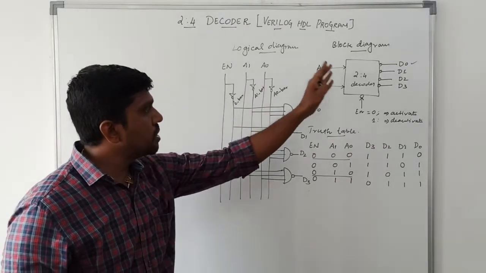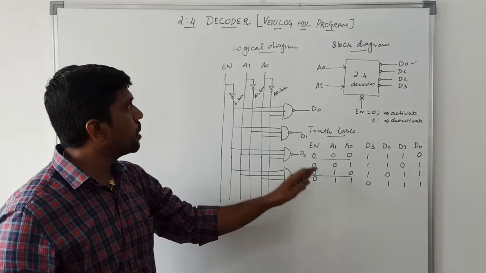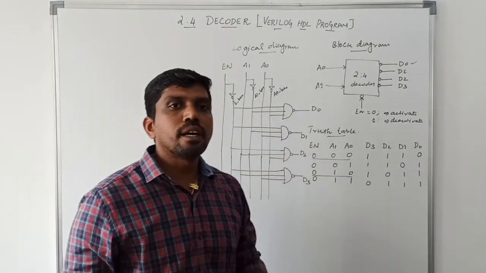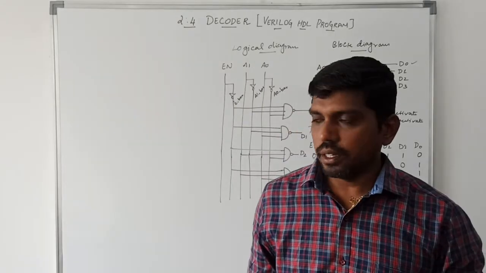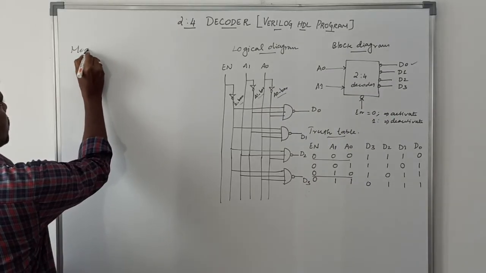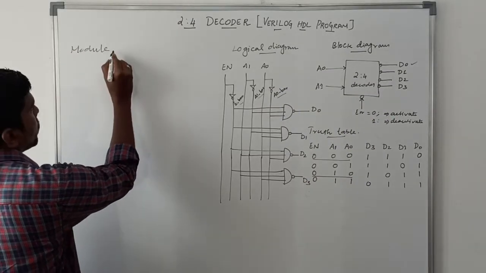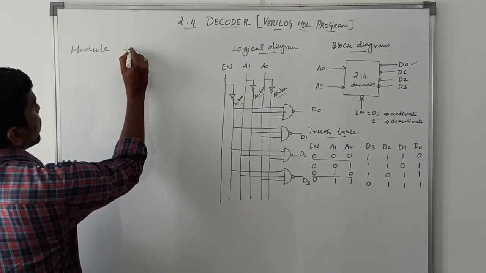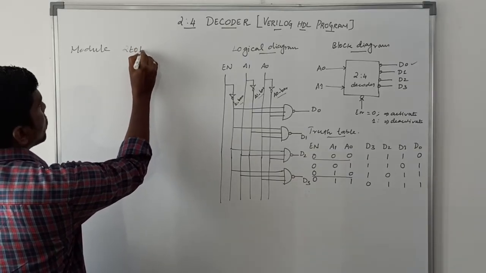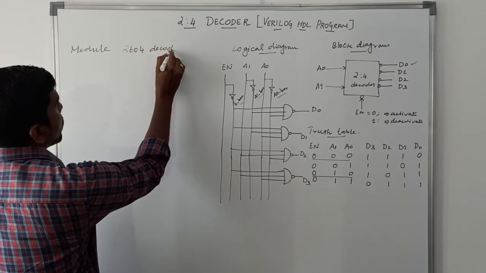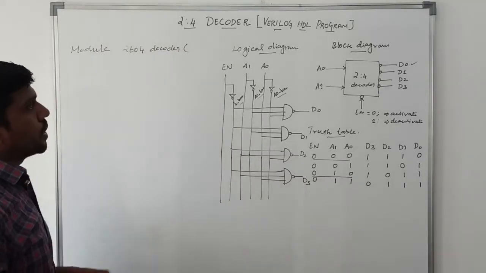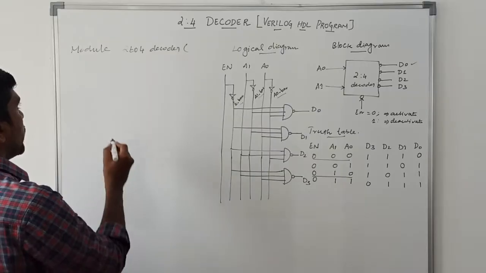After framing these three things, block diagram, truth table and logical diagram, now we can write the program very easily. First you declare the module, then the module name. The module name is 2 to 4 decoder. Then you declare the input and output variables.